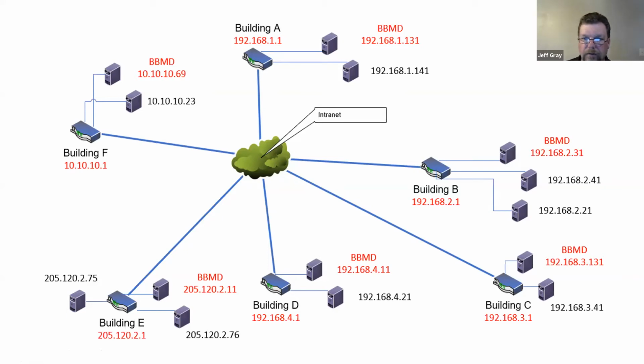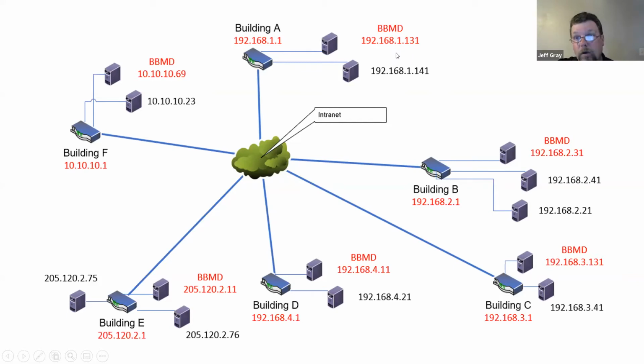So a BBMD just allows you into that network. Once you're in that network, all the BACnet devices that are there, you can see and you can talk to. And that's why there's only one BBMD per network, per subnet.